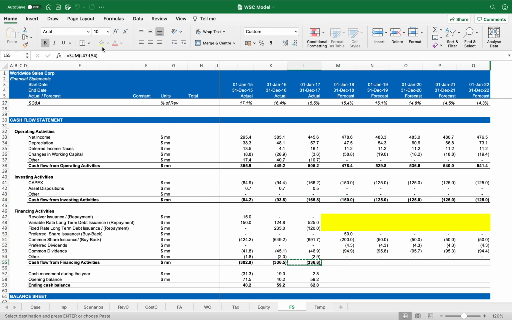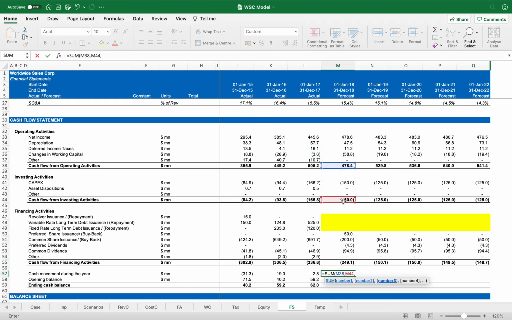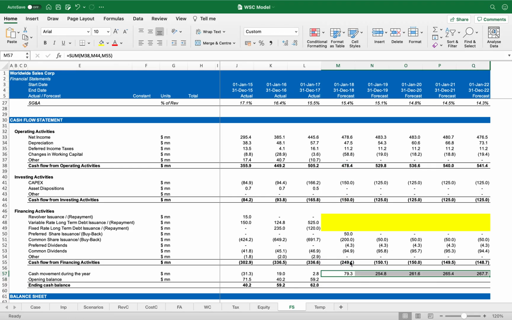So total financing activities as of now. Okay. Cash movement during the year. This is the sum of my operating, investing, and financing activities. And I have some opening cash balance here.